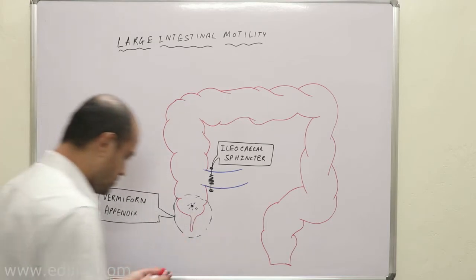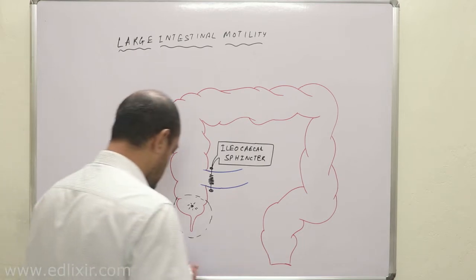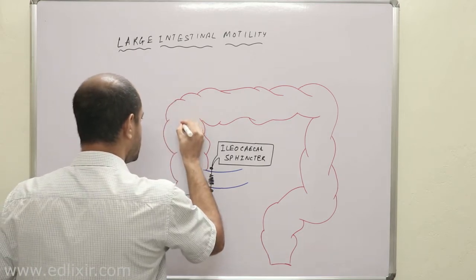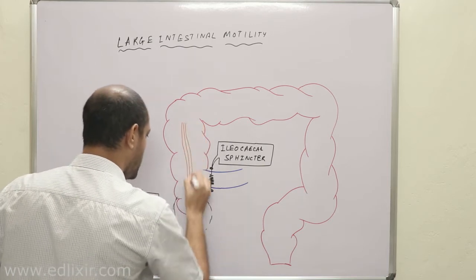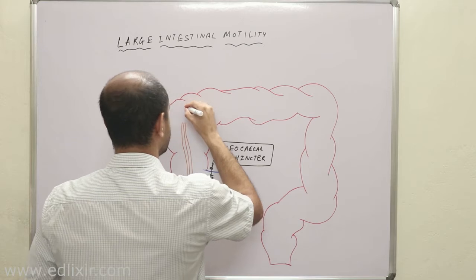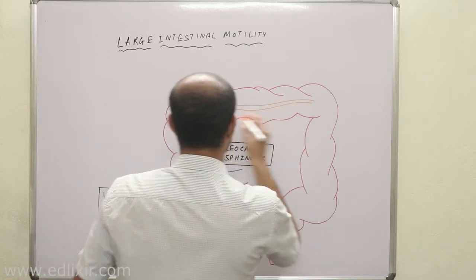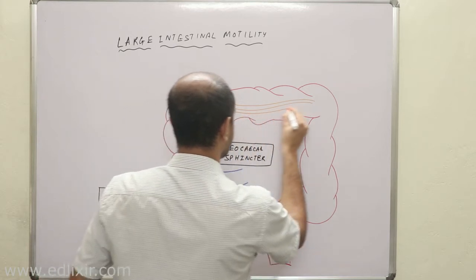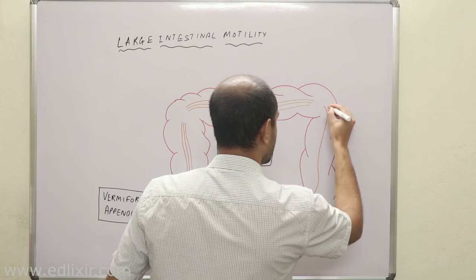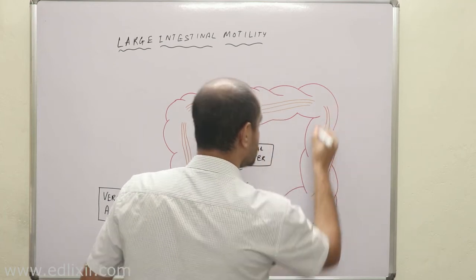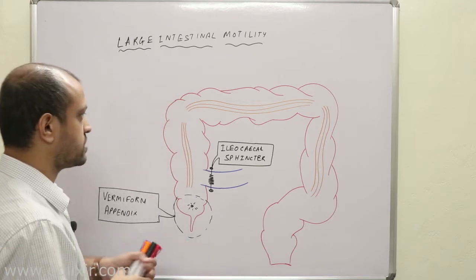Okay, now listen with all your attention. An important point we need to understand is that there are three consecutive bands of smooth muscle fibers like this, which extend like this. Now listen, what are these?